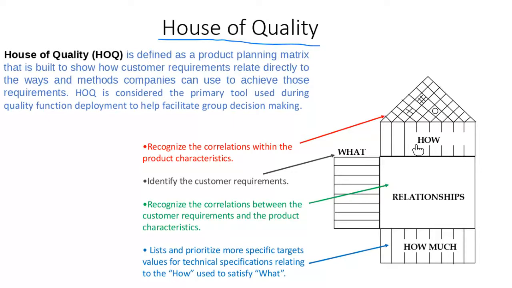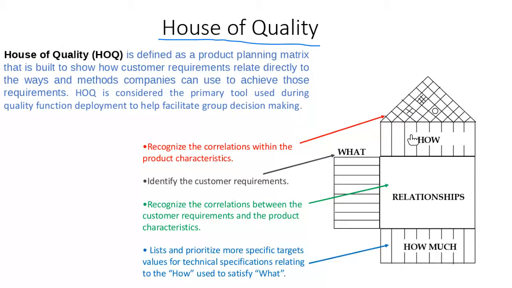But if we consider the technology, for example the entertainment screen used for the driver, and compare it to the comfortable driving experience, the relation between them is not high in terms of the technical specification. So this upper level shows the specification of how we fulfill the customer requirement, and the roof shows the relation between those specifications.